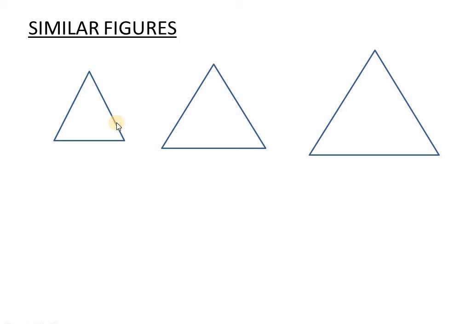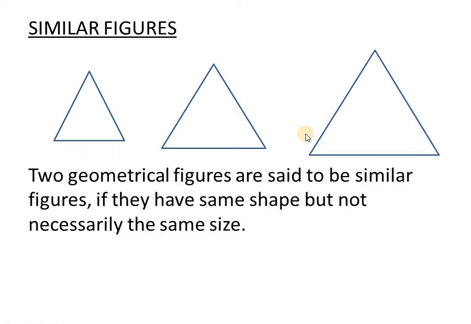I added one more triangle. In these three triangles, the shape is the same, but the lengths of the sides are different. Two geometrical figures are said to be similar figures if they have the same shape but not necessarily the same size.